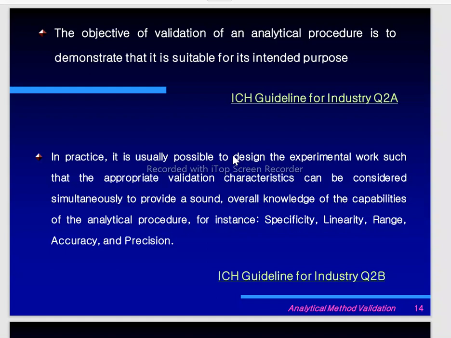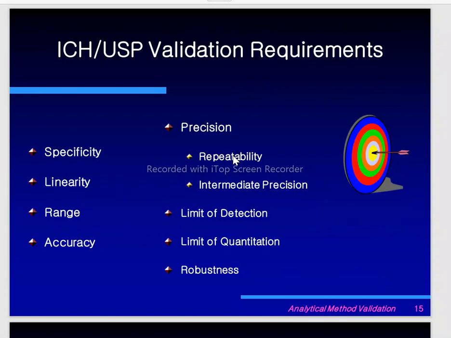In practice, it is usually possible to design the experimental work such that the appropriate validation characteristics can be considered simultaneously to provide a sound overall knowledge of the capabilities of the analytical procedure, for instance specificity, linearity, range, accuracy and precision. According to the ICH and USP validation requirements, what parameters do you have to perform during the validation activity?